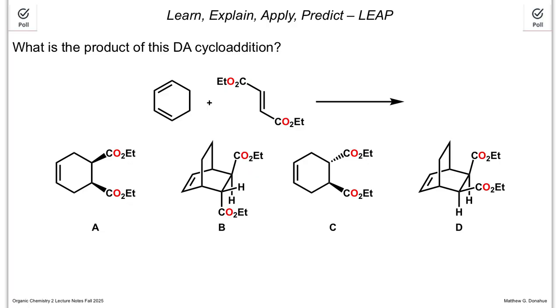So here's another one to think about. My advice is not to get distracted by things that are not involved in forming the cyclohexene. So I'll ask this question first.